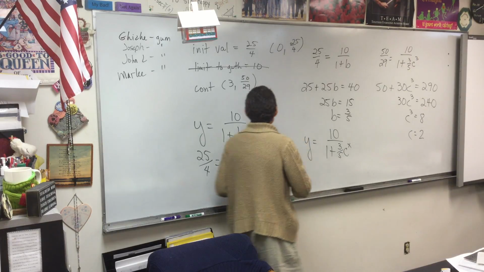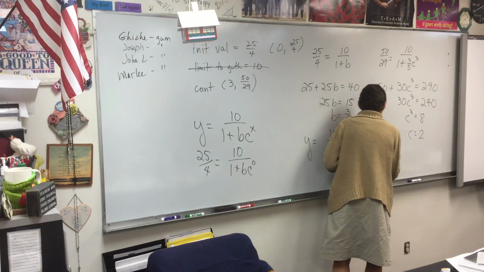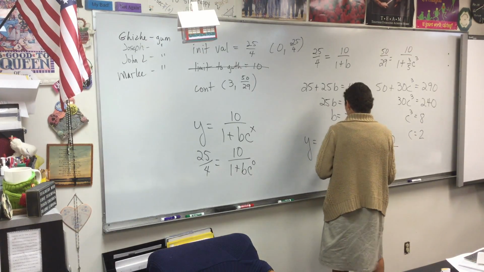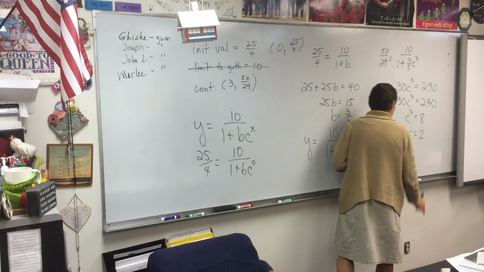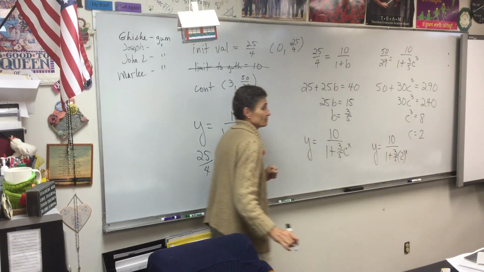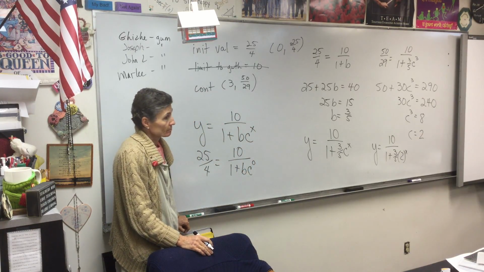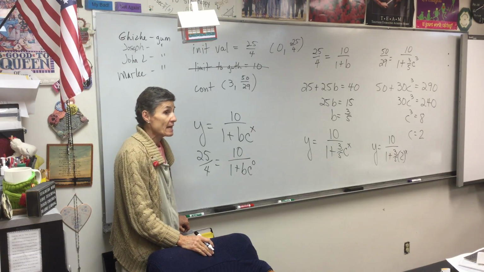And after all that, we're going to write in the answer blank, y equals 10 over 1 plus 3/5 times 2 to the x. So is the cube root of 8 2? Cube root of 8 is 2.